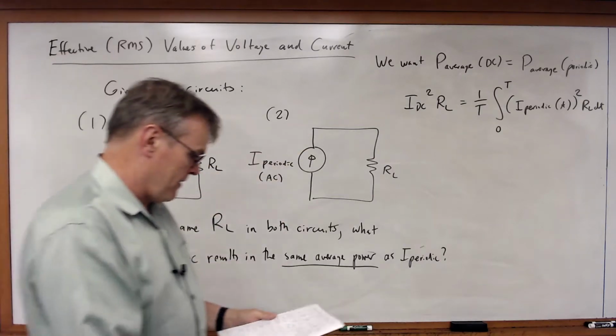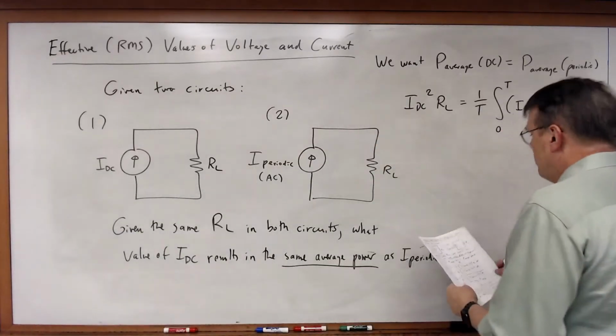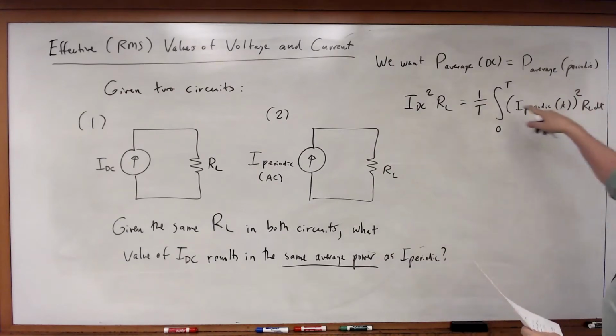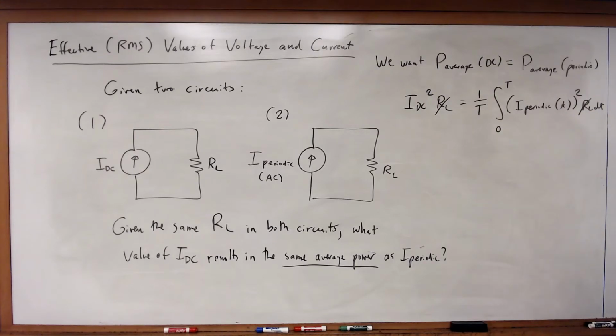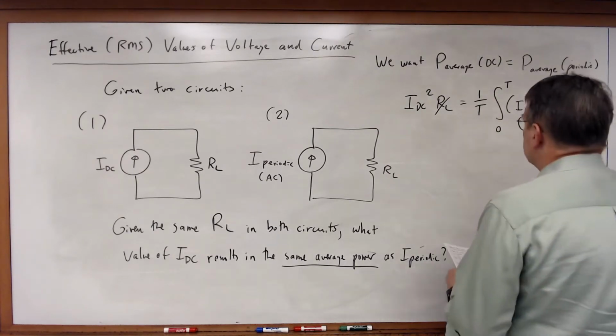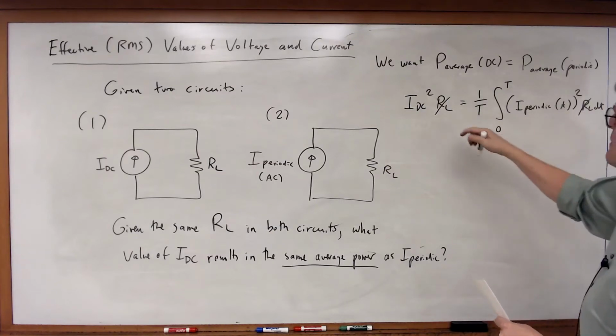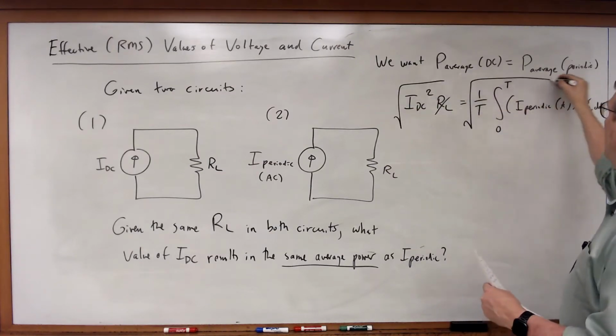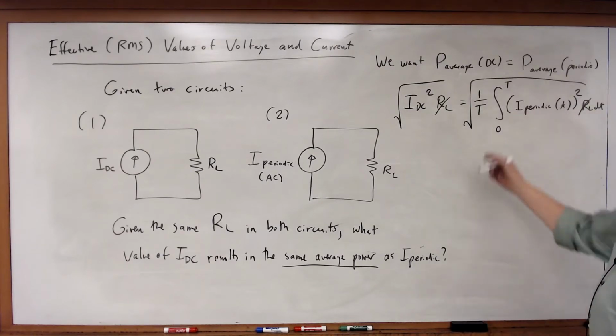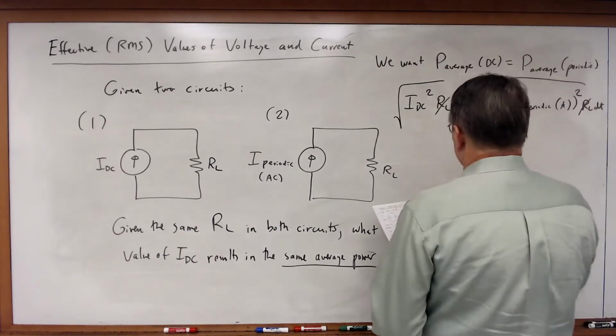Let's do a little bit of math. In this case, I can factor the RL out from both sides, so I can actually cancel those out. And then I can take the square root of both sides. And if I do that, what I get is the following.